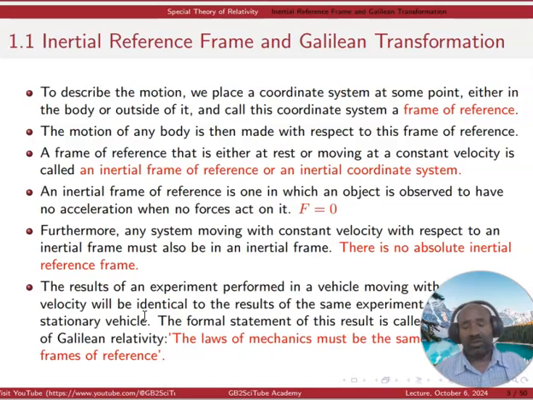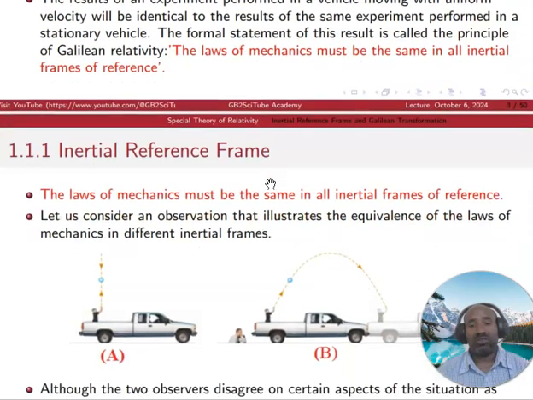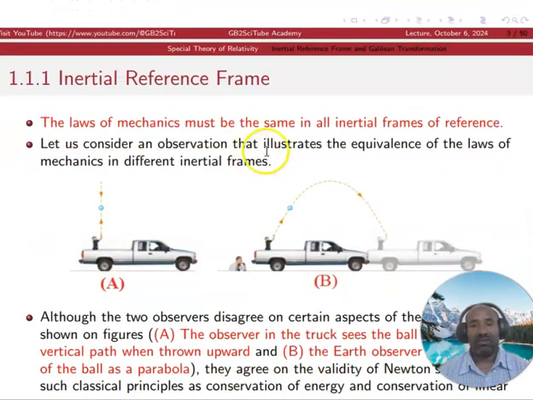This means that if you perform two experiments, one in a moving frame and another in a stationary frame, the experiment will give you the same result, or the laws of mechanics will be the same whether the frame is stationary or moving with constant velocity. For example, let's consider the case here.